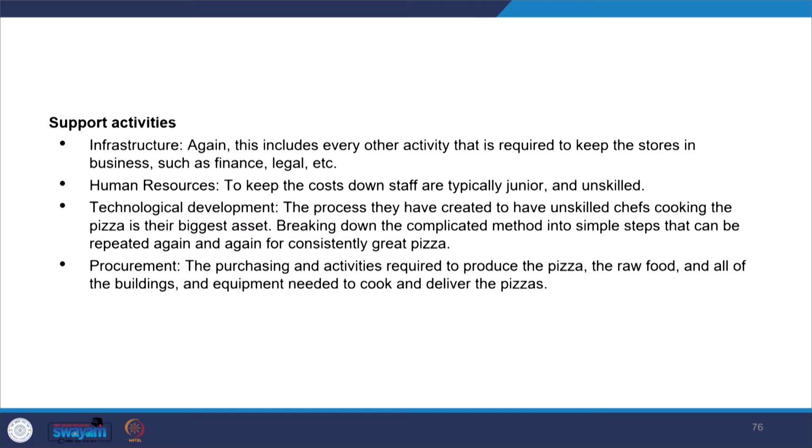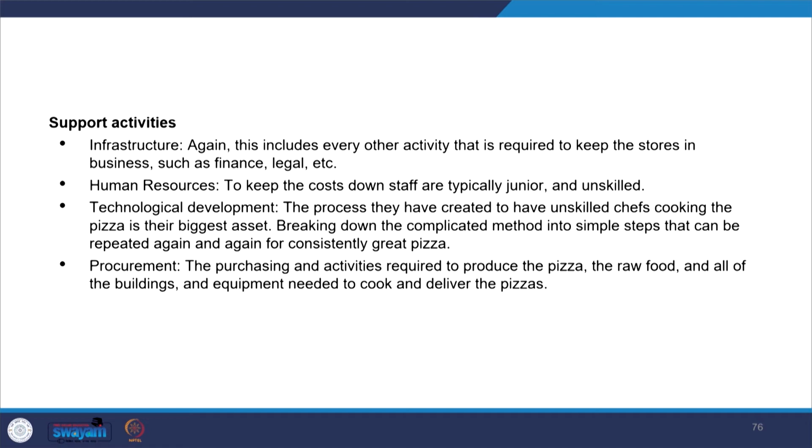Now, in support activities, the company includes every other activity that is required to keep the stores in business, such as finance, legal, accounts, etc., right. Interestingly, Pizza Hut, to keep their costs down, typically hires junior and unskilled workers, right. And for the technology development part, the process they create is to have unskilled chefs cooking their pizza in a big way, right.